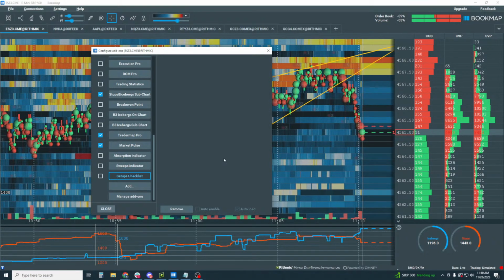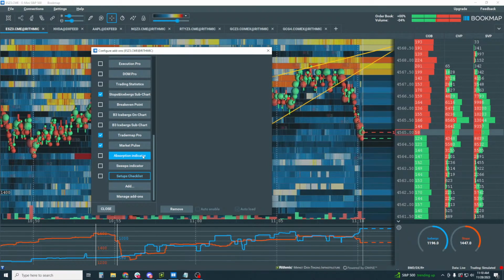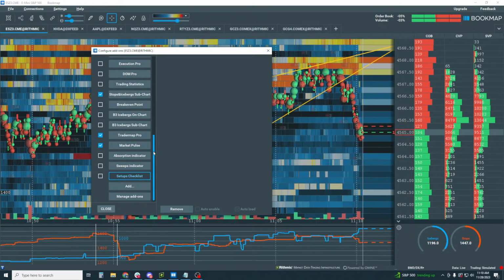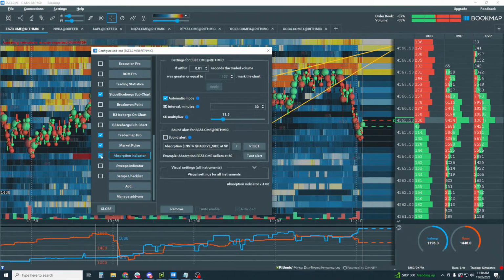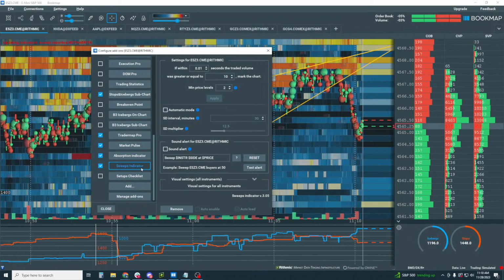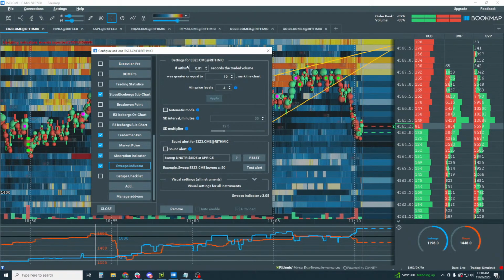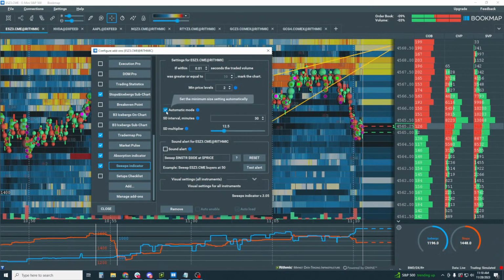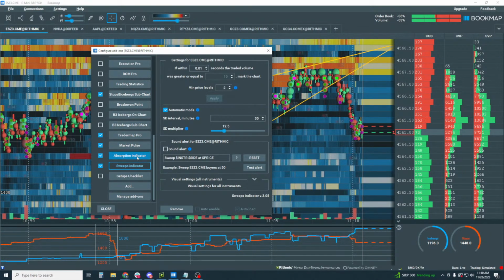I want to go through more because there's a lot more to go through with this tool. In fact, let me add absorption and sweeps in here, on the S&P, and then we'll cover some more in a minute as well. Let's put it into automatic mode.